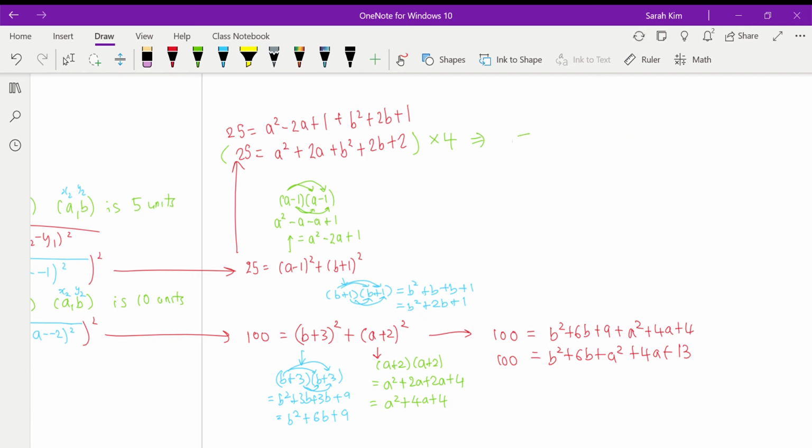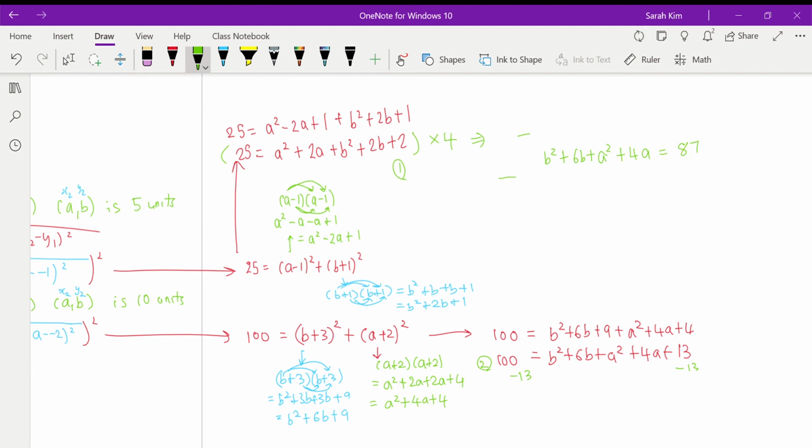I know it's a lot, but what if I just go, that's equation 1, that's equation 2. What if I do a kind of simultaneous equation? I'll write it in this way, b squared plus 6b plus a squared plus 4a, and then I'm going to write take 13, so 100 take 13 would have been 87.